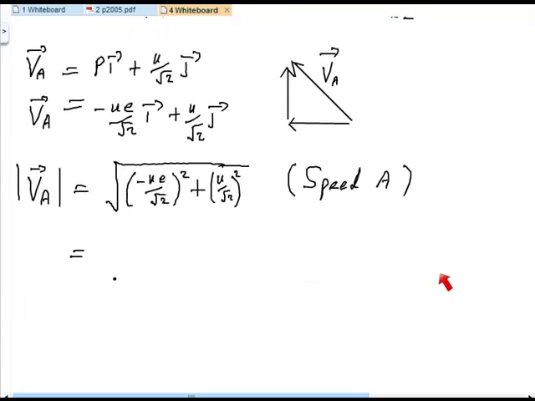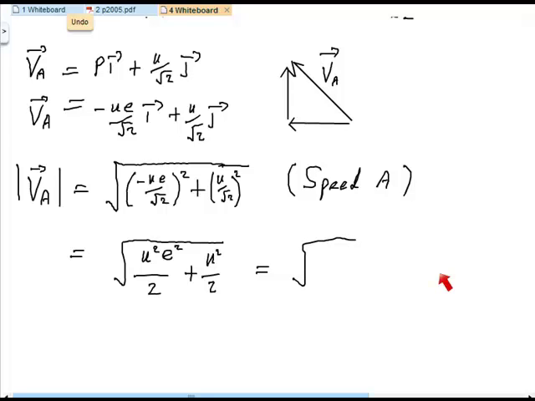Now working this out gives us U squared E squared over 2 plus U squared over 2. Write it all over 2, and we can take out the U squared outside as just simply U, and we get the square root of E squared plus 1 over 2.